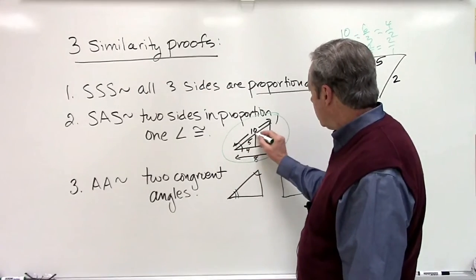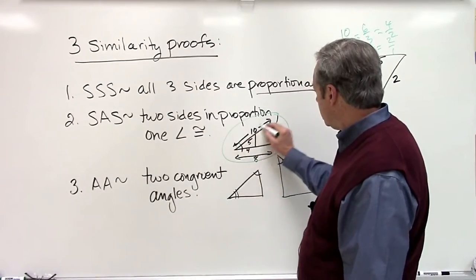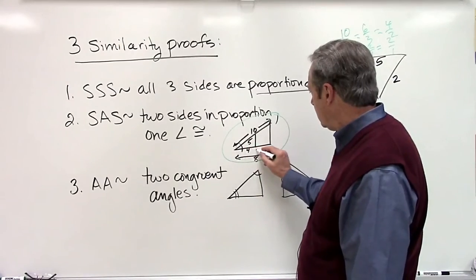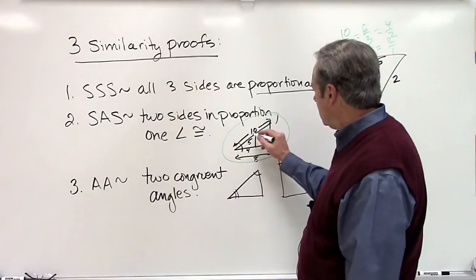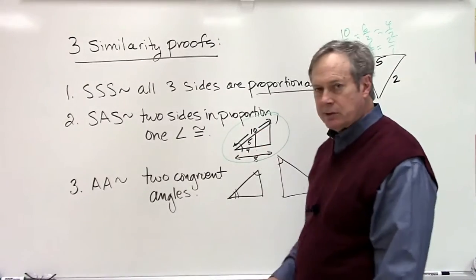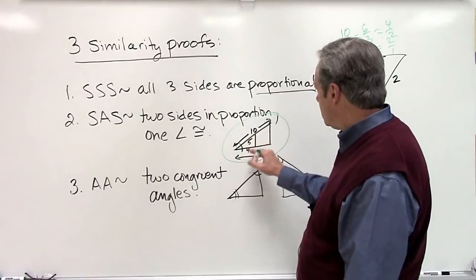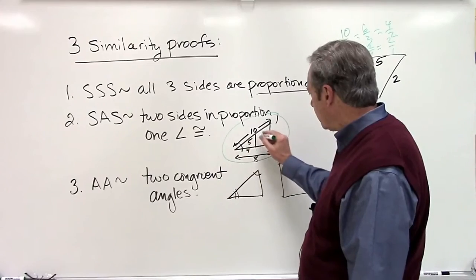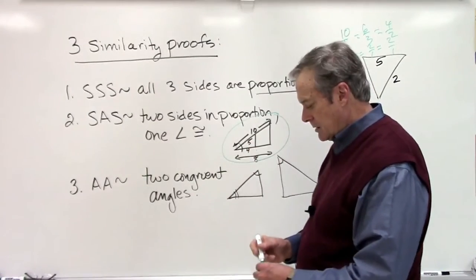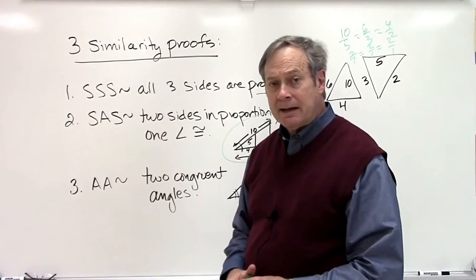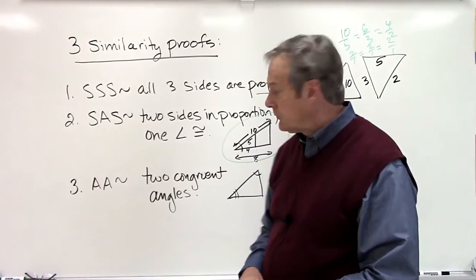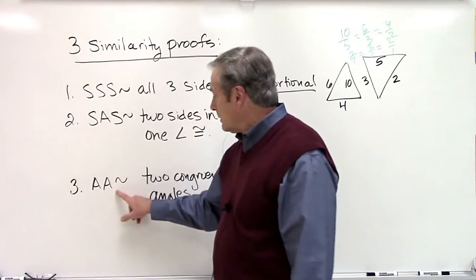And this side of the small one is 5 compared to 10 of the big one. This side is 4 of the small compared to 8 of the big one. So again, this is a 2 to 1 ratio. And so these 2 triangles, the big one and then the smaller one on top of it, are similar by side, angle, side.